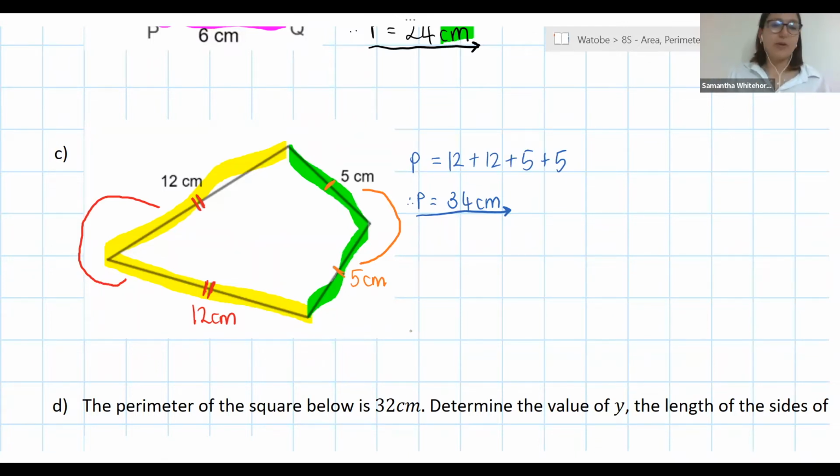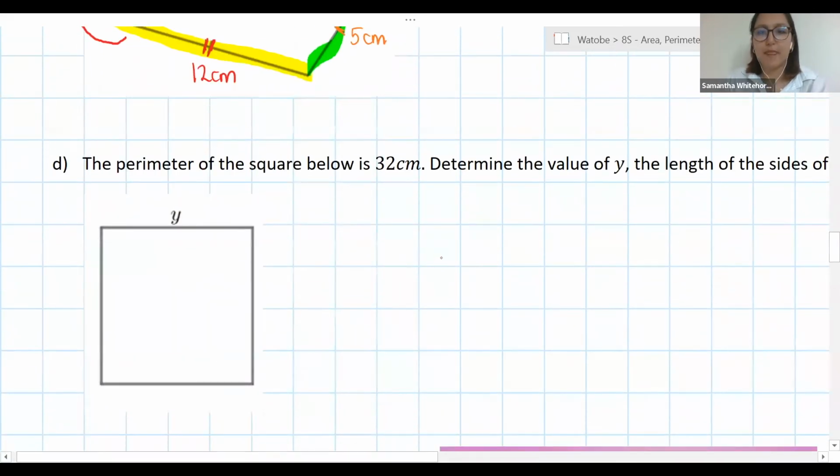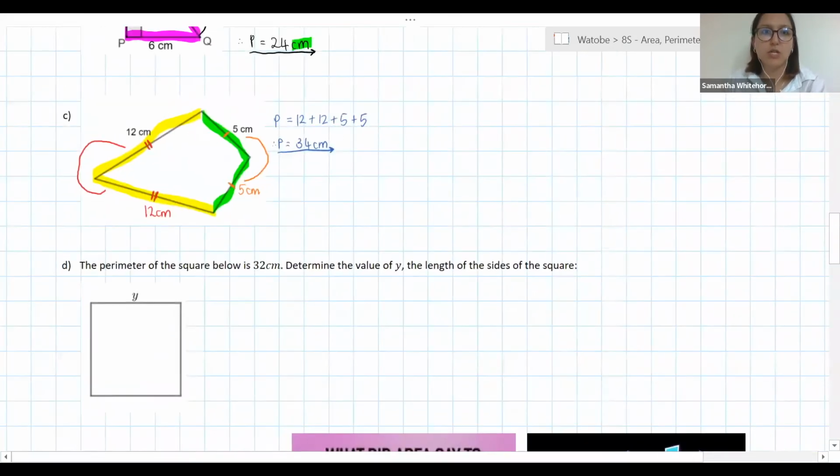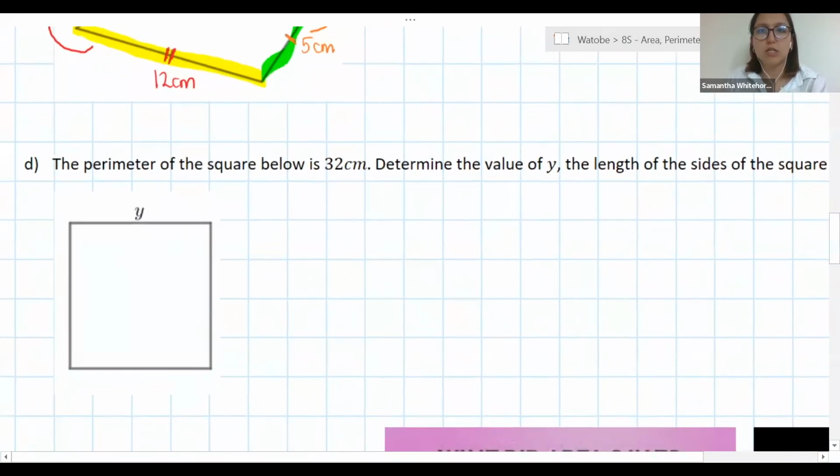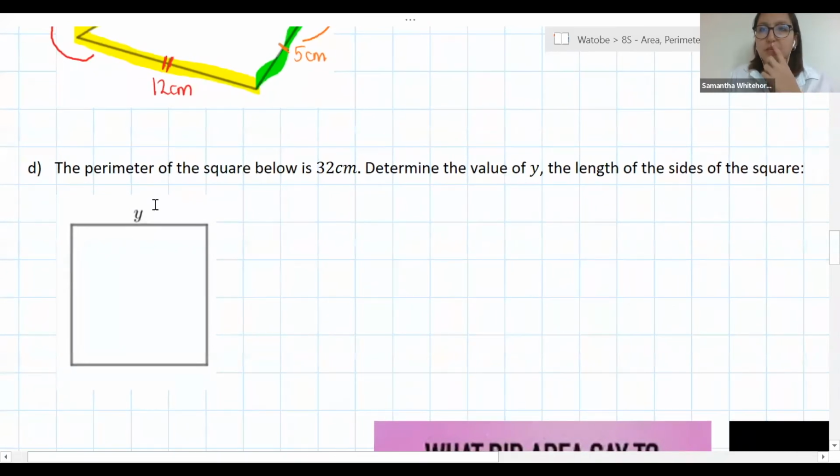Alrighty, so let's see how we go with this one. We struggled a little bit in the last class, so I'm going to let you try it by yourselves and we'll see where we get to. The perimeter of the square below is 32 centimeters. Determine the value of y, the length of the sides of the square.